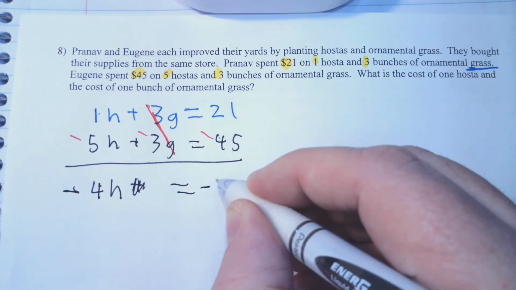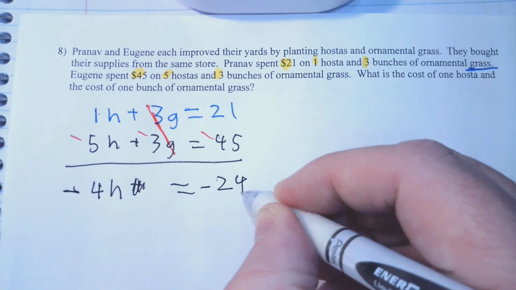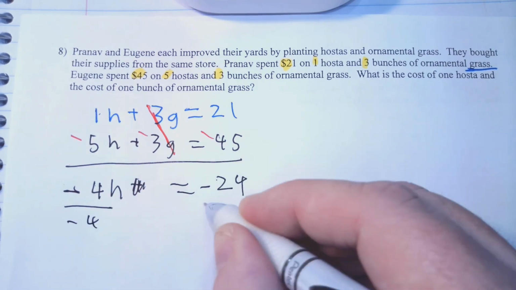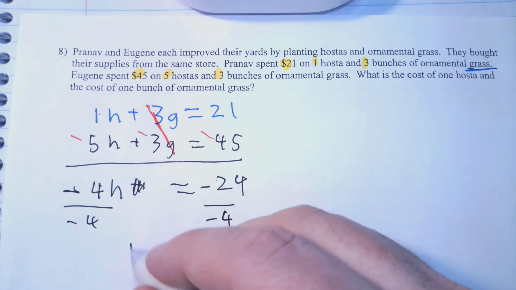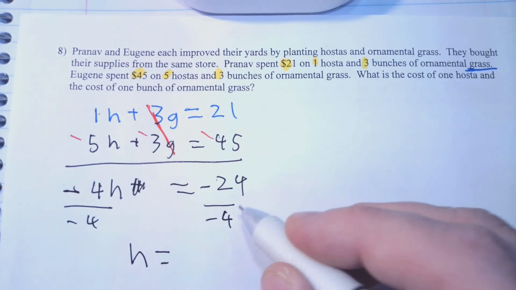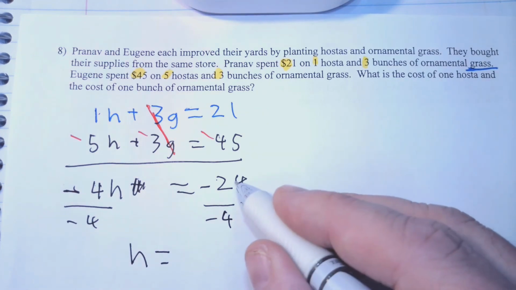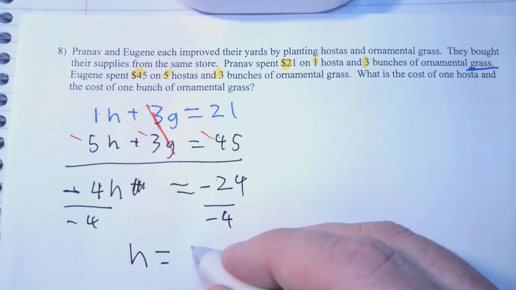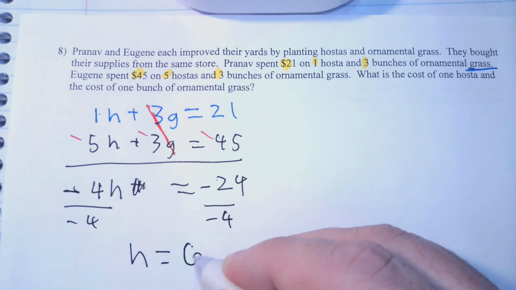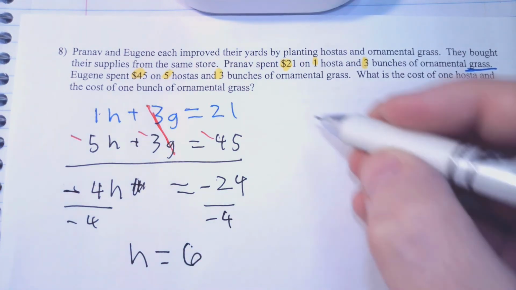What is that, negative 24? Okay, and again, this has to be positive because this is money, right? So this is going to be 6, right? Is that right? $6?